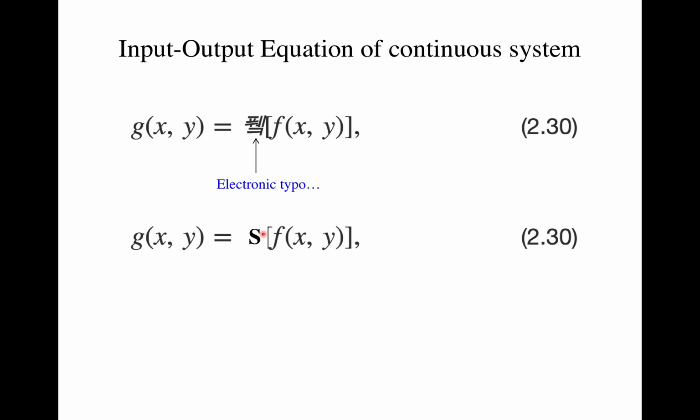Then that blurring would be mathematically described by this function S, and my output wouldn't be the true object. It would be some blurred version of the true object. That's pretty well how this is going to go. And we're trying to evaluate, for each type of imaging system, what this S function is, what it does to the object before we see our picture, to understand the underlying spatial resolution, etc.